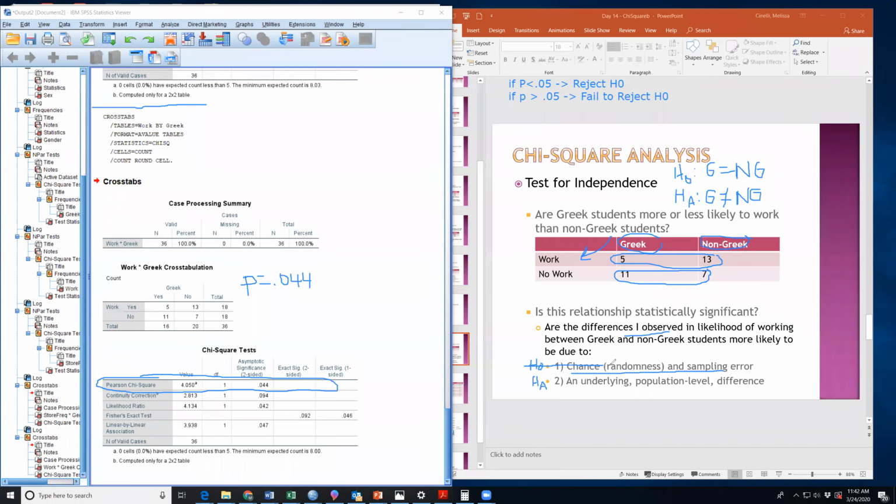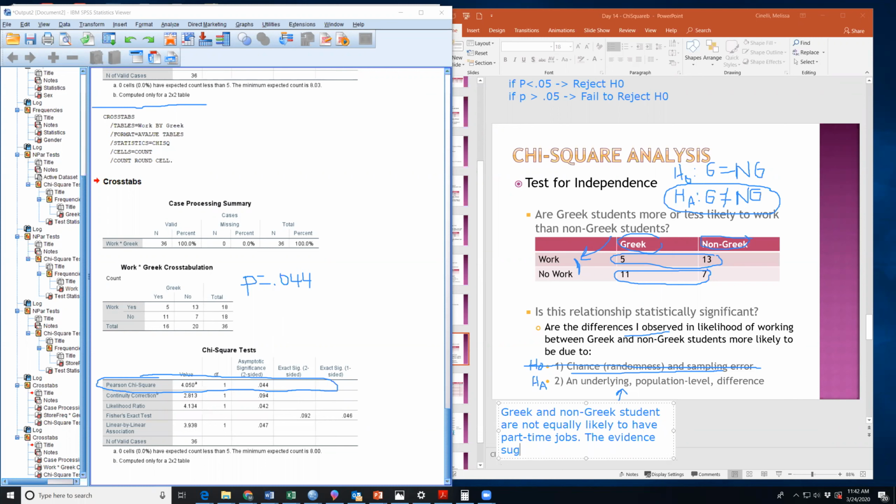We are going to reject this possibility, and we're going to conclude that this result represents a real population-level difference, and that difference specifically is that Greek and non-Greek students are different regarding how they answer this question. If we were writing this up in our paper, we might say something like, Greek and non-Greek students are not equally likely to have part-time jobs.